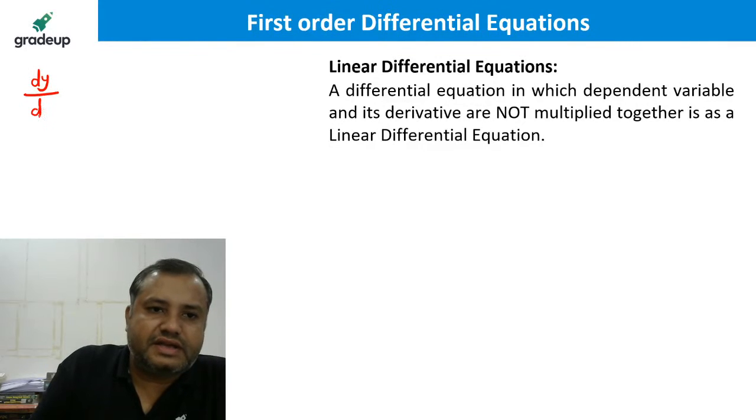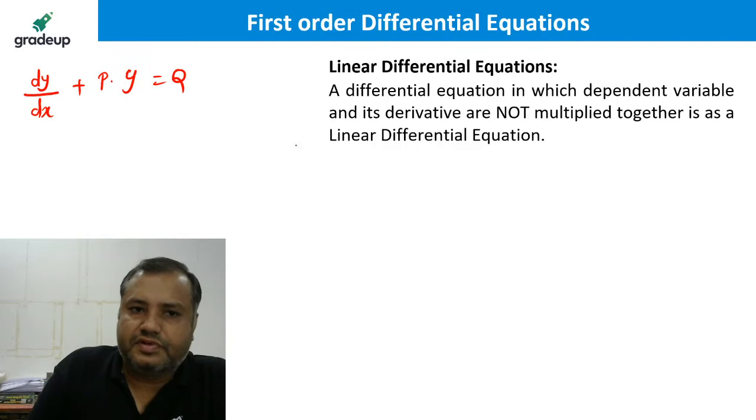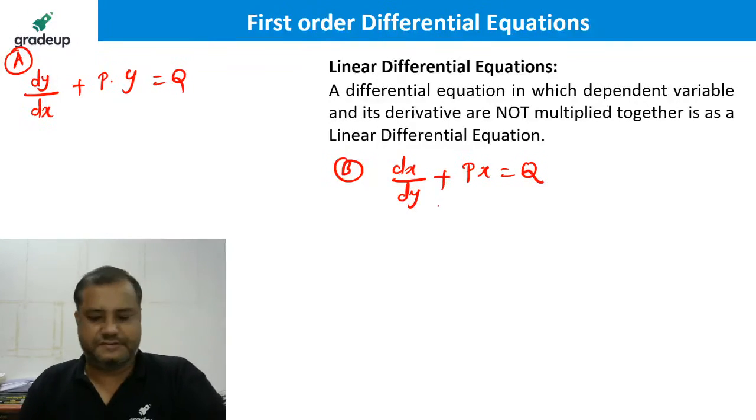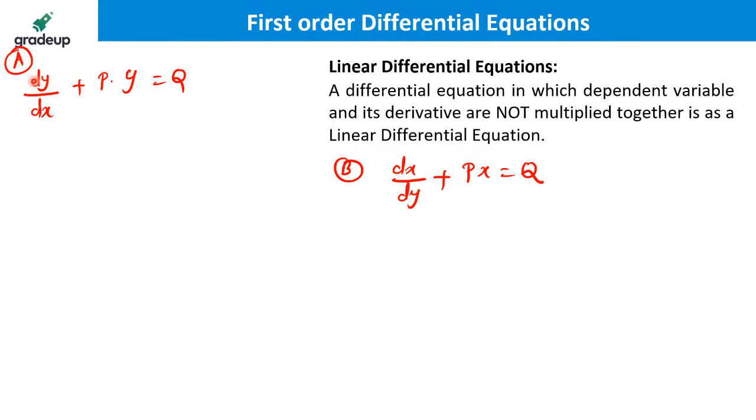dy by dx plus py equal to q. This is say type A, and type B will be dx by dy plus px equal to q. So dy by dx plus py equal to q. In this, y is dependent, x is independent.